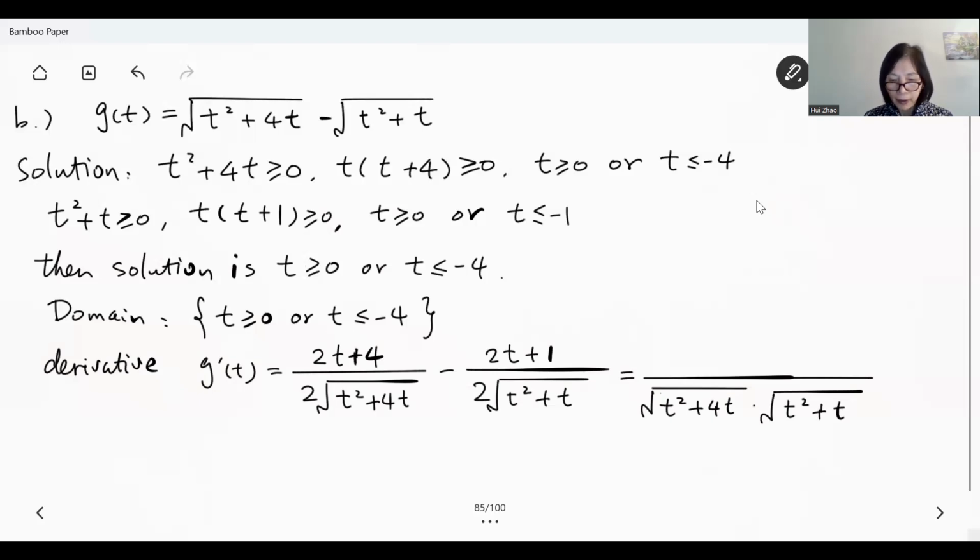And the first term is multiplied by the square root of t squared plus t. So it's (t plus 2) times the square root of t squared plus t, minus the second term, taking out the 2, it becomes (t plus 0.5) times the square root of t squared plus 4t, okay?